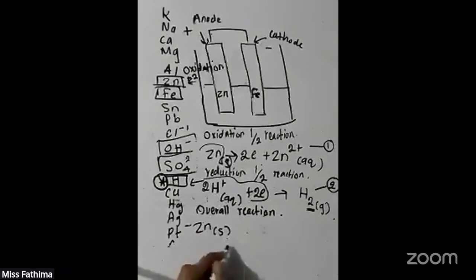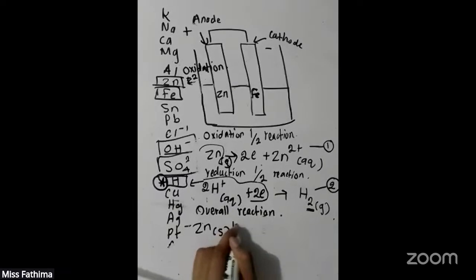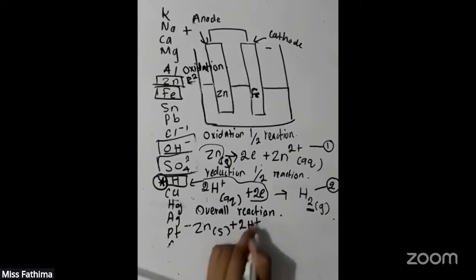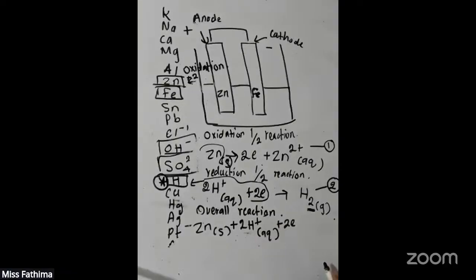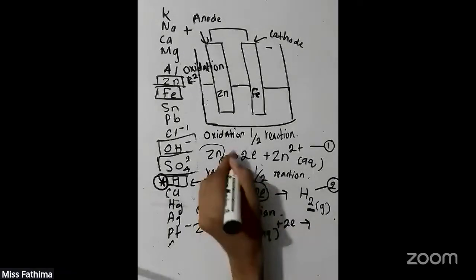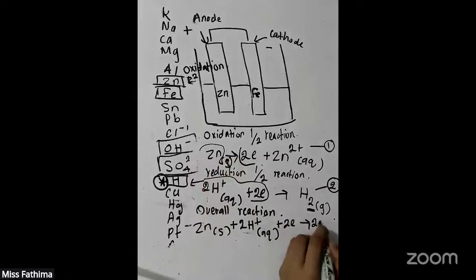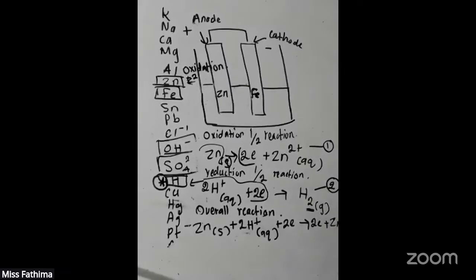Is it solid or aqueous, that is important. Then 2H plus aqueous plus 2 electrons. That is the left hand side. Now you write the right hand side. You start with 2 electrons plus zinc 2 plus and H2 gas. This is aqueous. Now, this is the overall reaction.